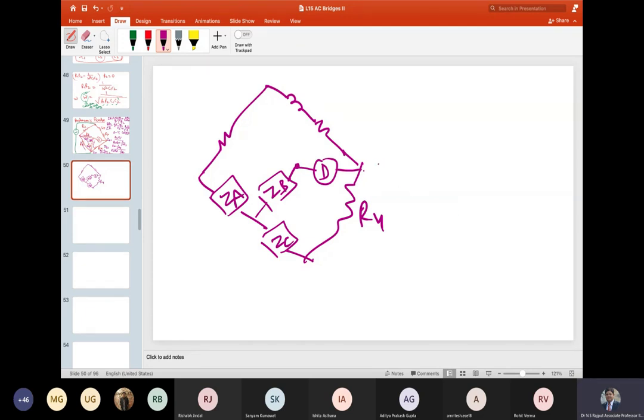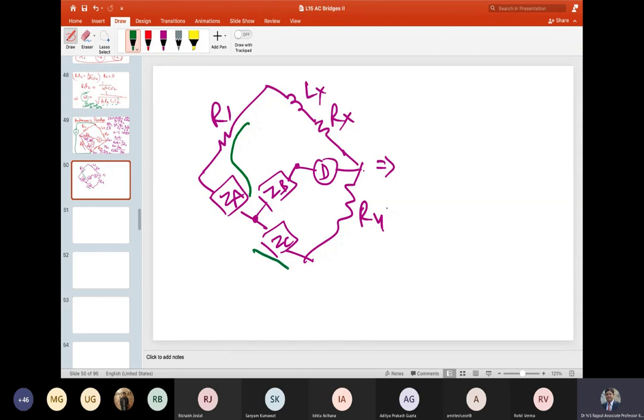So once we have got this, now you see here you had R1, you have LX, RX, ZA, ZC, ZB, and R4, right? So I can redraw this bridge. Now observe here. Now R1 and ZA are in series.